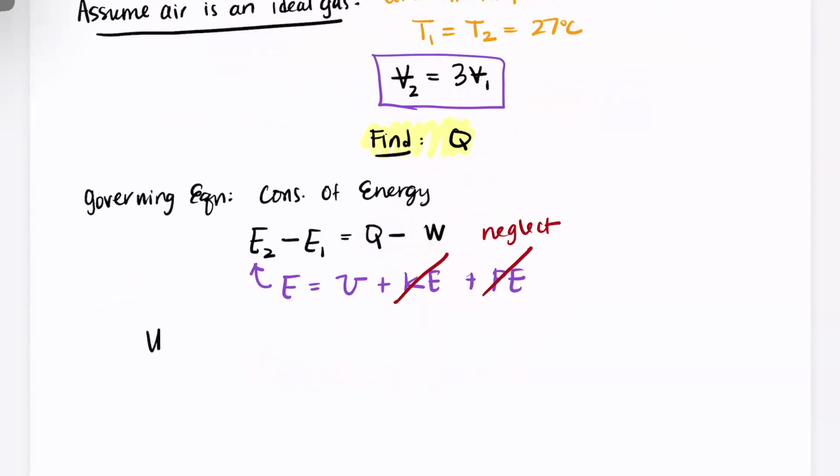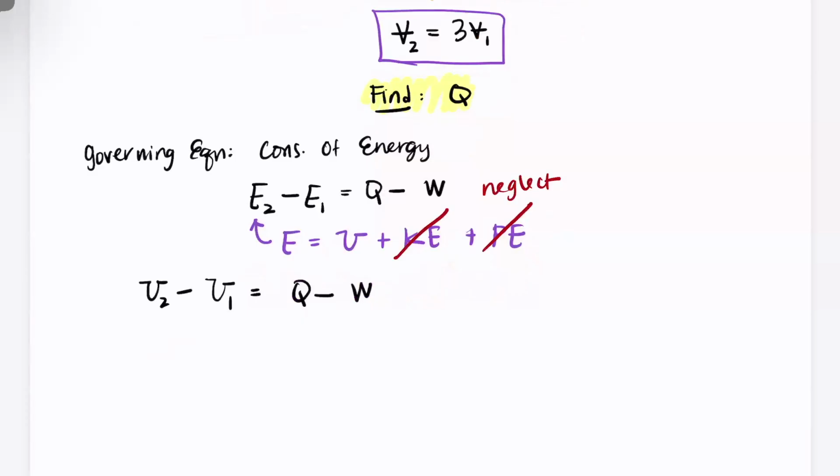So we have that U2 minus U1 is equal to Q minus W. We want to find Q, right? So I'm going to solve this for Q. So I have Q is equal to mass times my specific internal energy at 2 minus my specific internal energy at 1 plus W. Now keep in mind, this is total work, right?